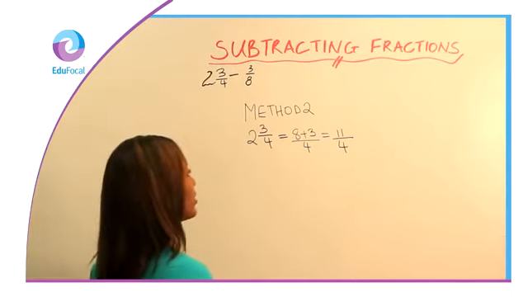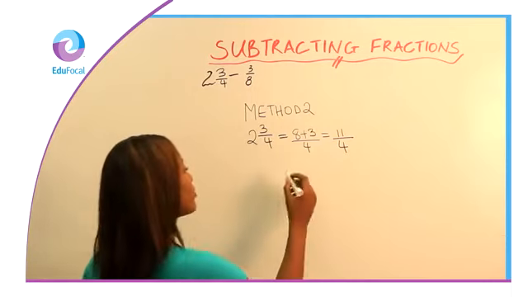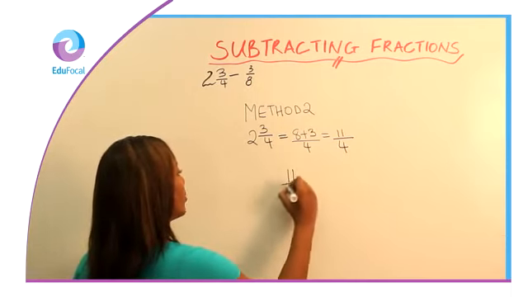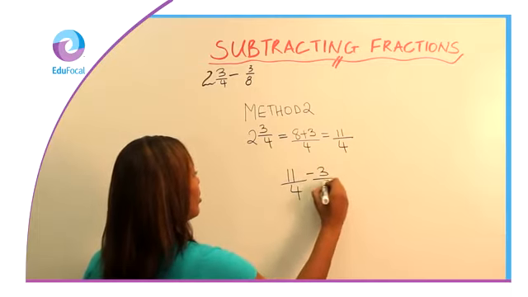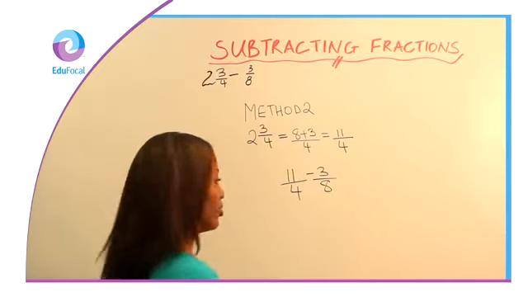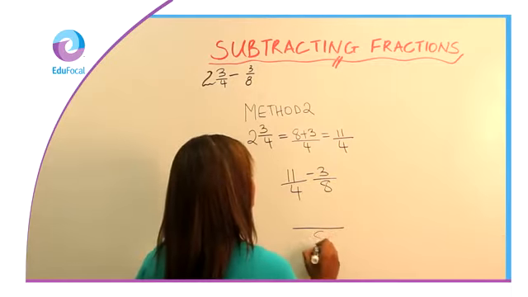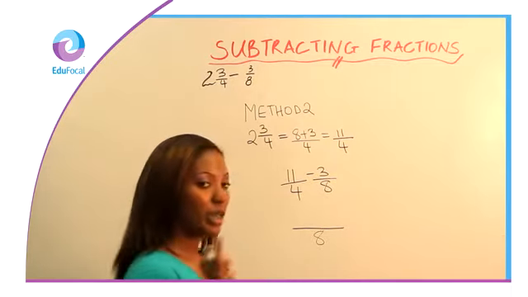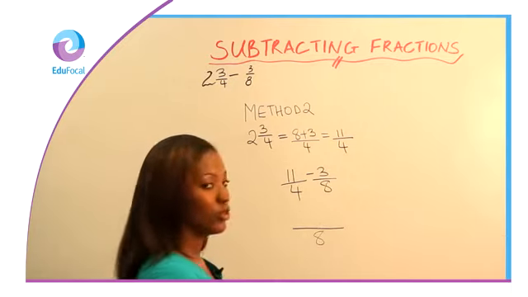And so now that we've changed our mixed fraction to an improper fraction, we'll now rewrite the question. So now we have 11 over 4 minus 3 over 8. You start by finding your LCM, which will be 8. And the same idea applies. 8 divided by 4 is 2.